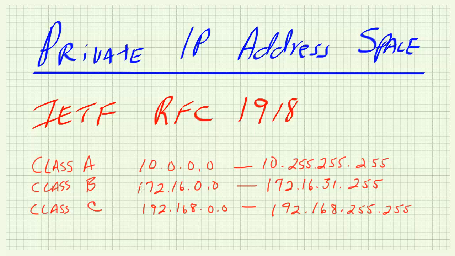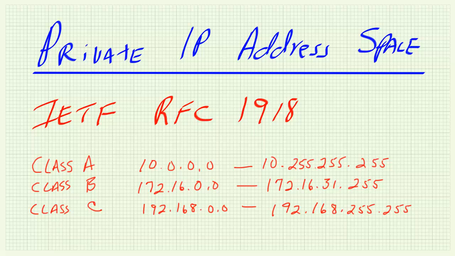This video is created in early 2013, and it was several years ago when the IPv4 address allocations were depleted. The Internet Assigned Numbering Authority handed out the last of its available IPv4 addresses several years ago.